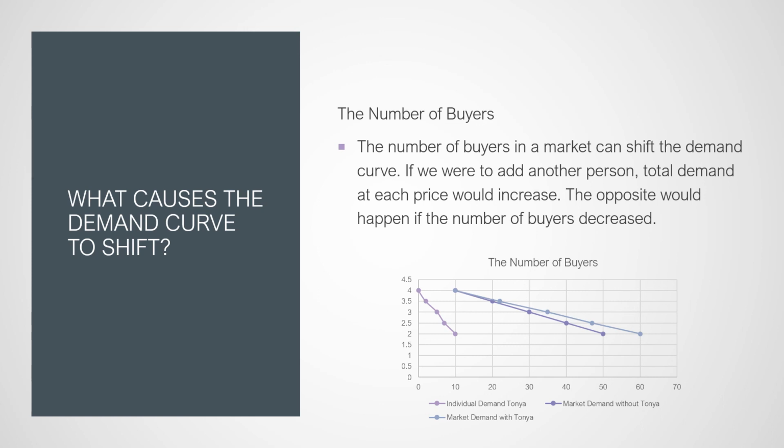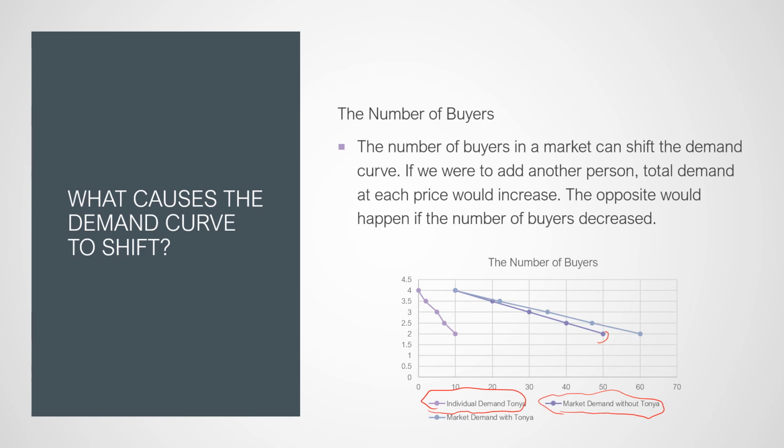Tanya's is indicated by this purple line here, and in our legend we have individual demand, Tanya. Our next line here is the market demand without Tanya. So that's before we've added Tanya.